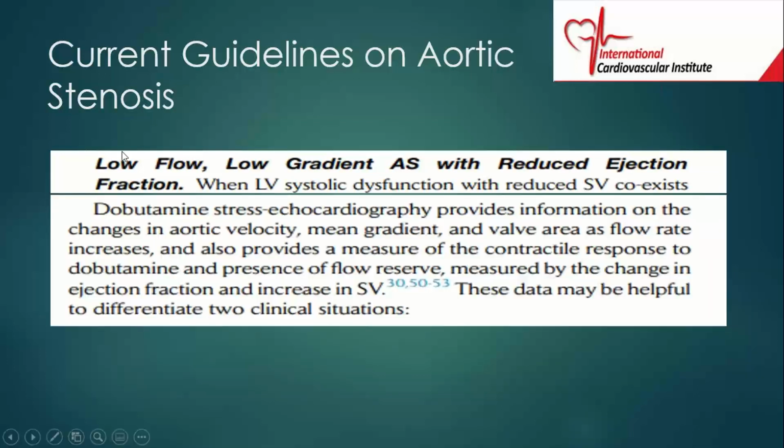So when we have patients with low flow, low gradient AS, we have to do an additional test. So ejection fraction 20%, valve area 0.9 centimeters squared, the velocity 3 meters per second, the mean gradient 35 or say 30 millimeters mercury.